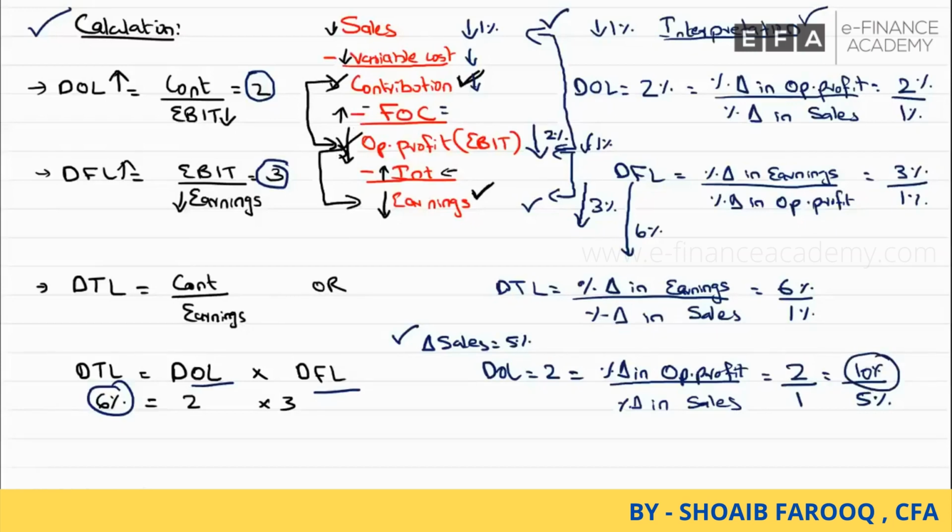If they ask you a question like this, this is how you would answer. Likewise, if we are told that sales change by 5%, what is the impact on earnings given a DTL of 6? We would say it will be 30%, which is 5 times 6. That is a 30% change in the net earnings.